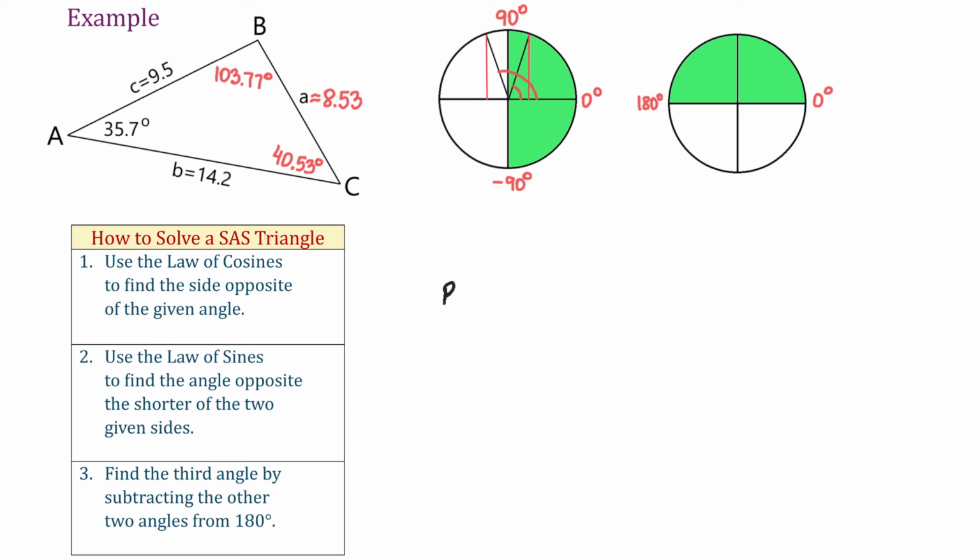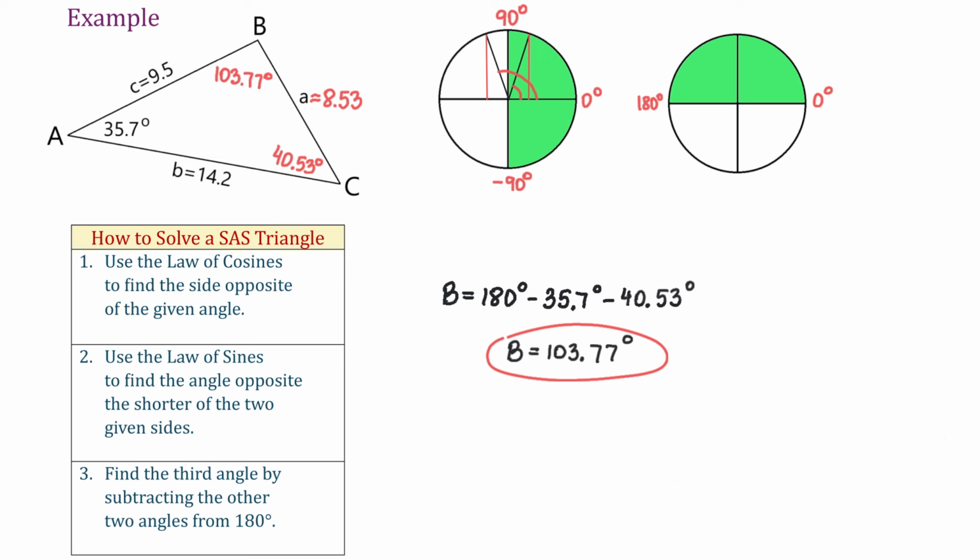So angle B equals 180 degrees minus 35.7 degrees and minus 40.53 degrees. Then angle B is equal to 103.77 degrees. So now we have all the missing parts of the triangle and the problem is completed.